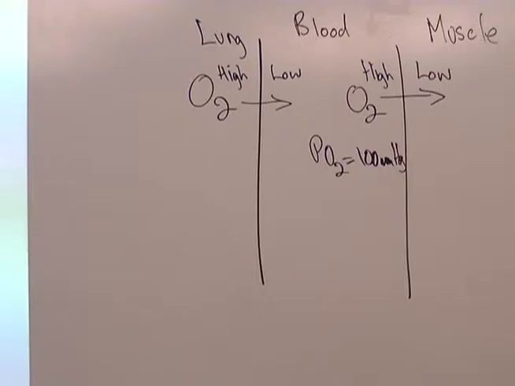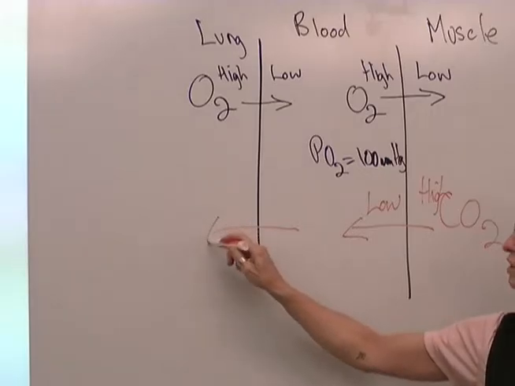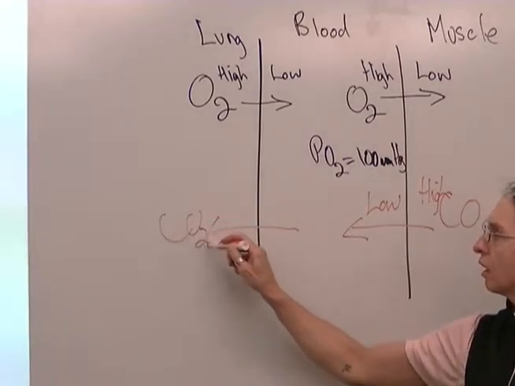And then, don't forget, here I'm making carbon dioxide as a waste product of aerobic metabolism. So now we're going to reverse it, because what we want is to breathe out carbon dioxide.